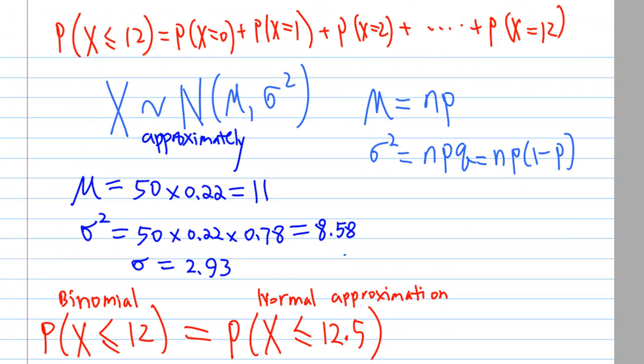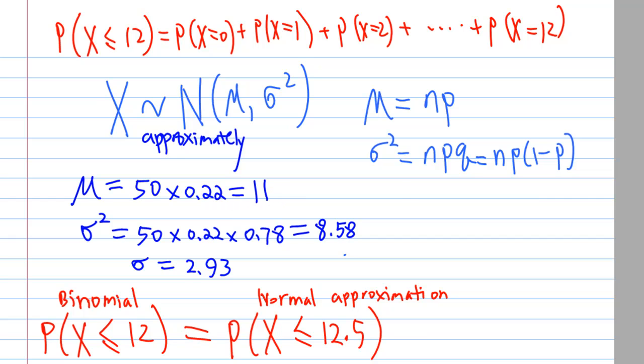So, the probability of x less than or equal to 12 is the sum of the probability of x equal to 0 plus the probability of x equal to 1 plus the probability of x equal to 2 all the way to the probability of x equal to 12. We know that this is approximately normally distributed with mu and sigma squared, where mu equals np and sigma squared equals npq, which is n times p times 1 minus p. Putting n equal to 50 and p equal to 0.22, I get mu equal to 11.